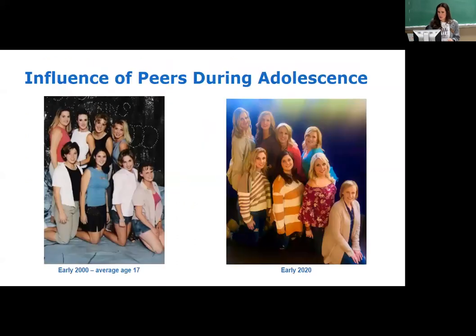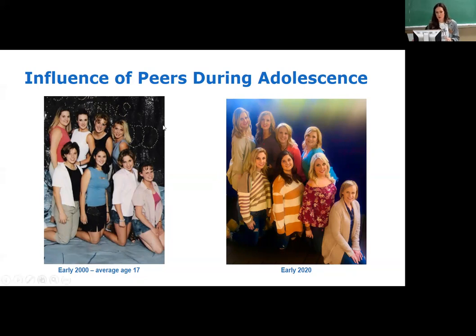All right, the influence of peers during adolescence. I thought this was a perfect way for me to show you guys. This was me and my friend group when I was about 17 years old. And then here was that same friend group that we're still very close with in about early 2020. During this time, we have a huge impact on our peers, and our peers have a huge impact on us and how we end up in life.